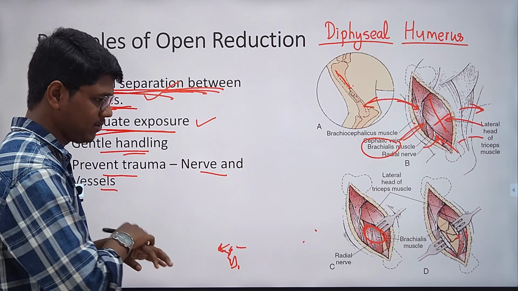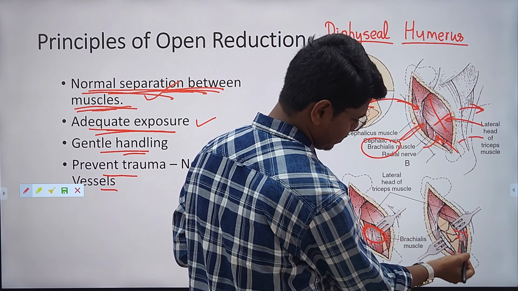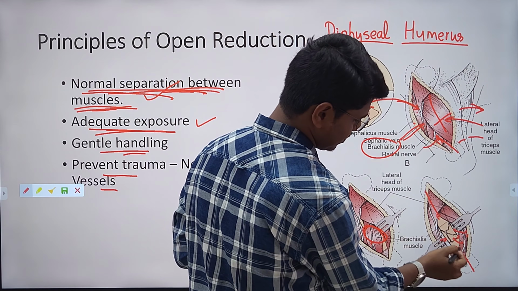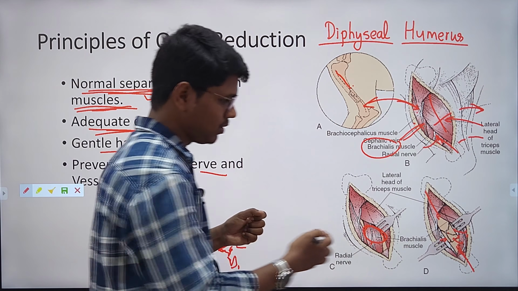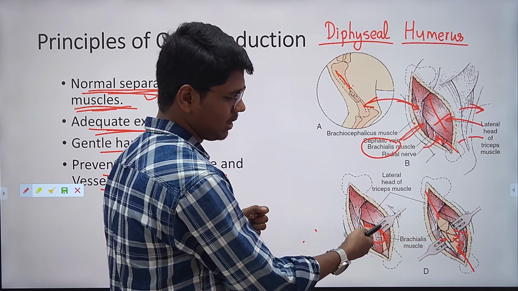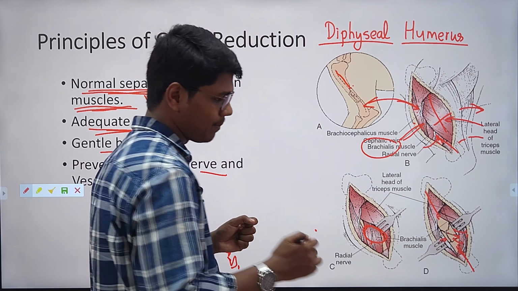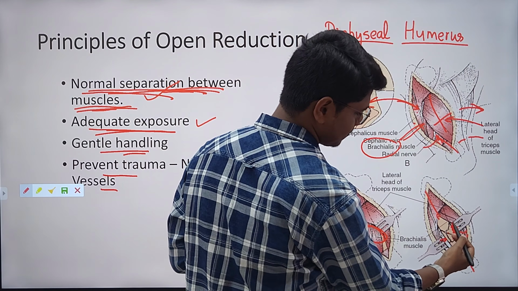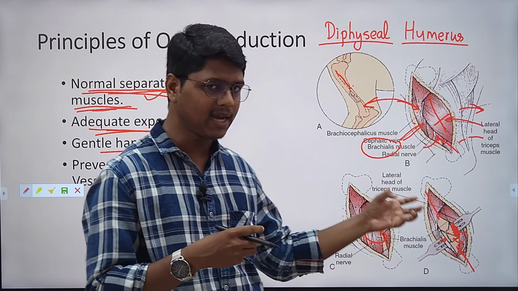Okay, what actually does devitalization of bone mean? You see, there are 4 fragments here, 1 2 3. This is a proximal segment, this is the distal segment. So when we are doing apposition, you remove a piece of bone, then do the apposition by keeping it there. What will happen to this particular bone? Some soft tissue will be attached, and to these soft tissues the vasculature will also be attached.